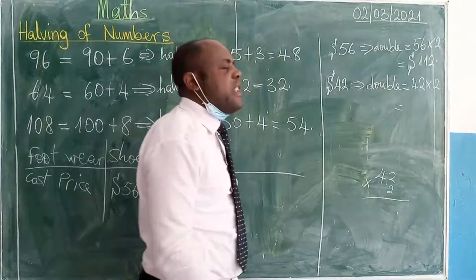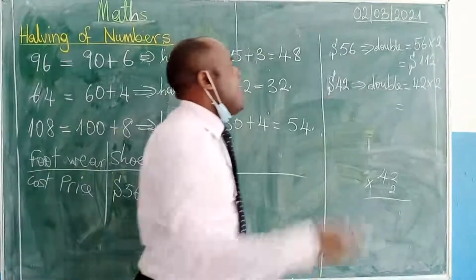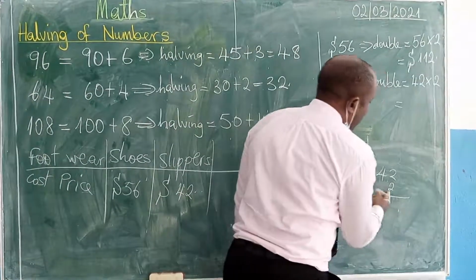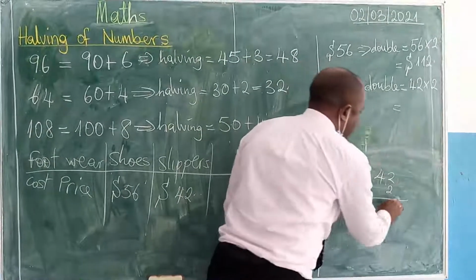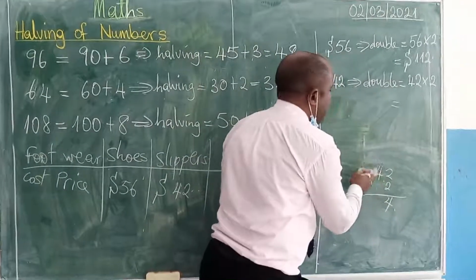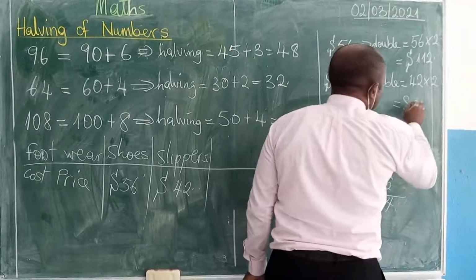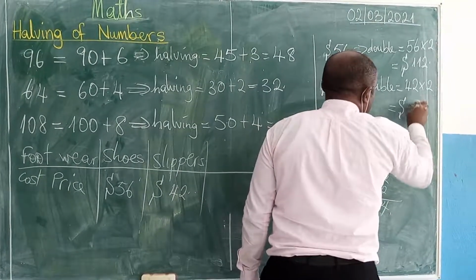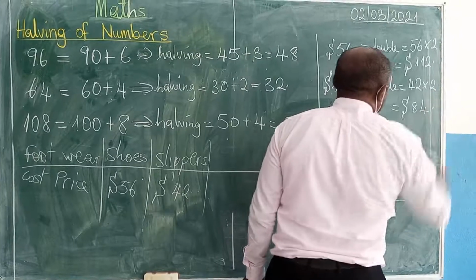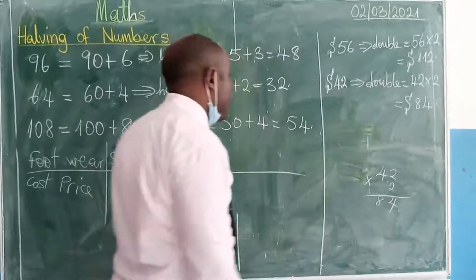I said always put it in your rough column. Check your answer before you come and write it. 2 times 2 is 4, and then 2 times 4 is 8. So we have $84.